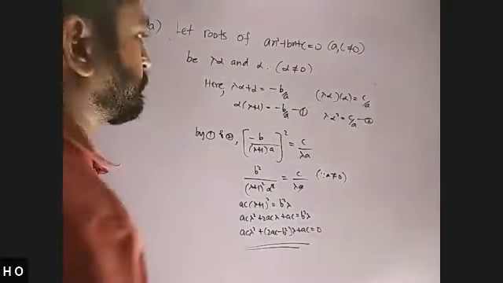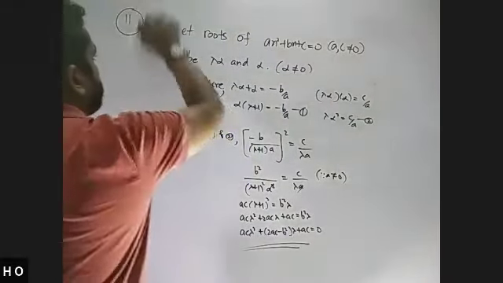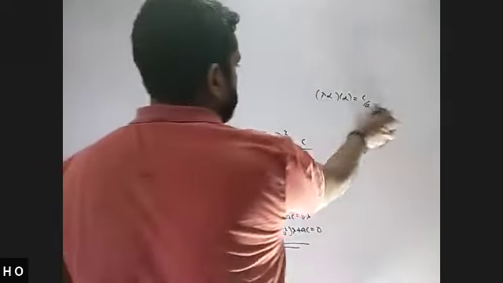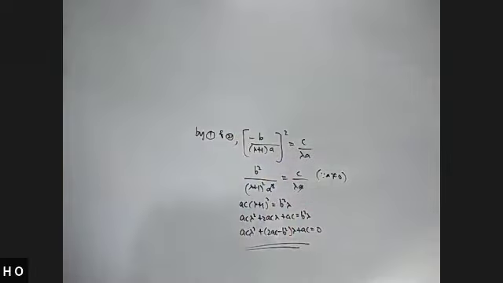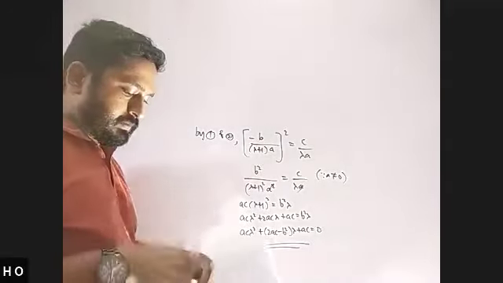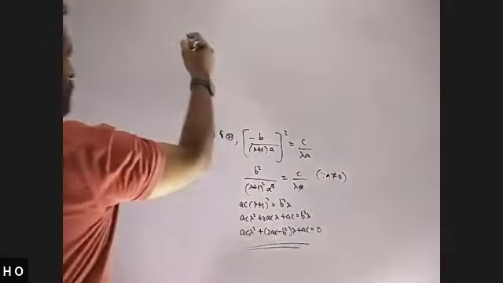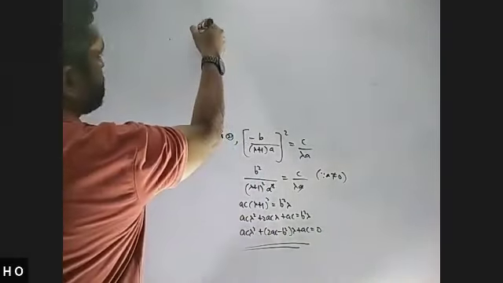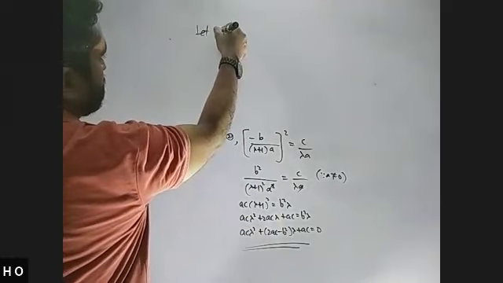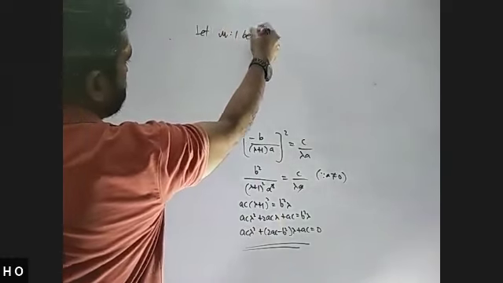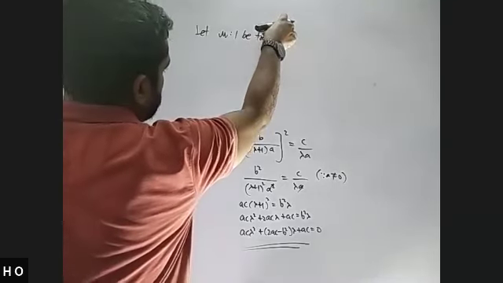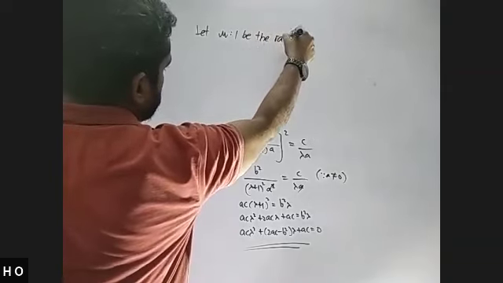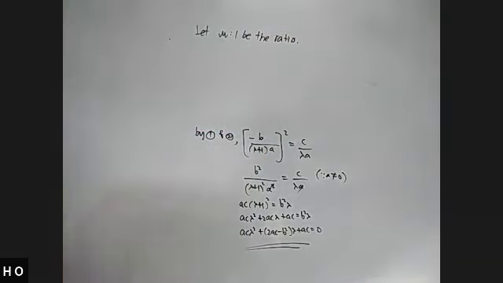Let's see. We'll start with this. Same ratios we both have. We see a common ratio. Let mu to 1 be the ratio.